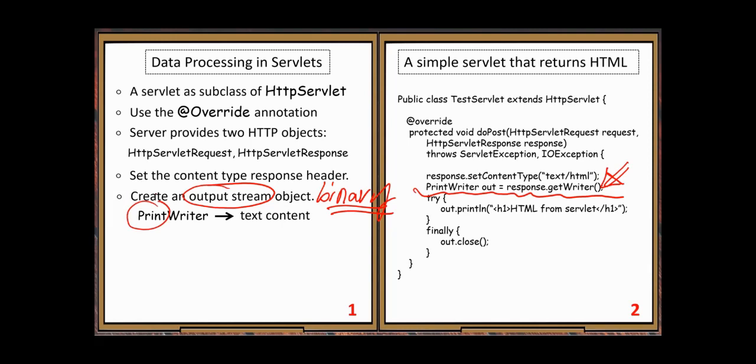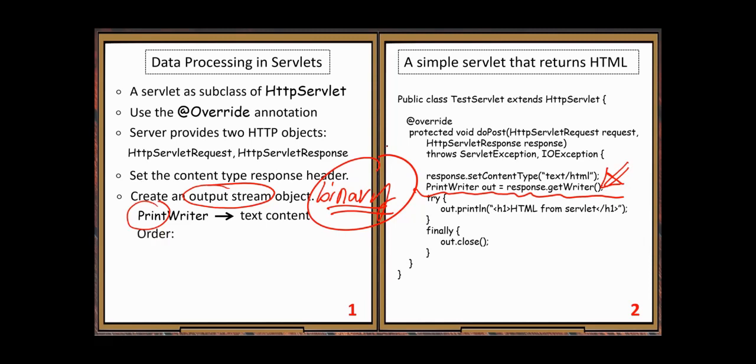Print for our users to read. So from its name, you can see the designer is trying to make people know this is for text content. When you need to send binary content, you need to use a different stream object, a special stream object only used for binary data. Later I will show you that object.